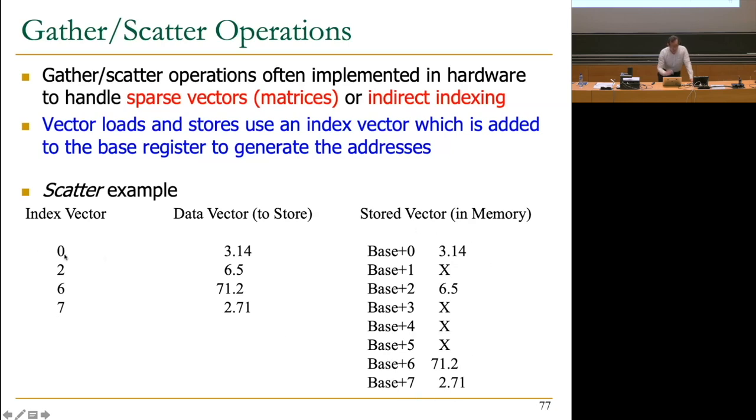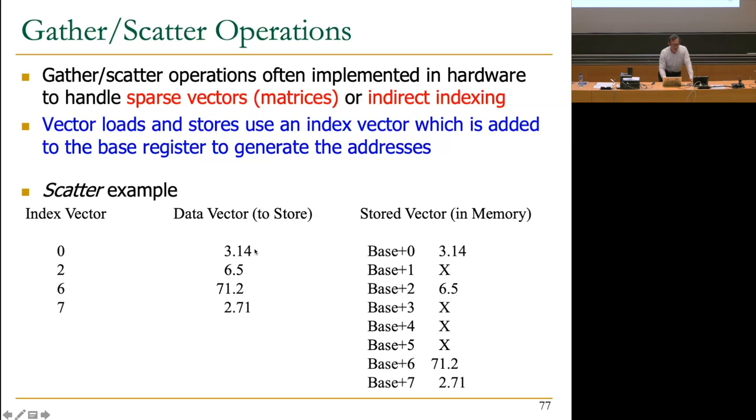At base location, which needs to be specified somewhere, +0, we should store 3.14. At base +2, we should store 6.5. At base +6, we should store 71.2. At base +7, we should store 2.71. And the rest we don't touch. Okay? So basically, this is a vector.